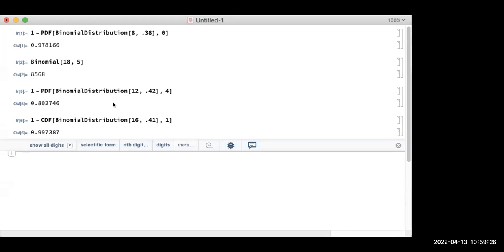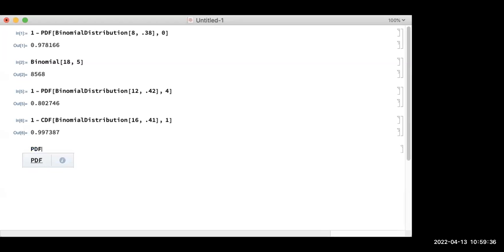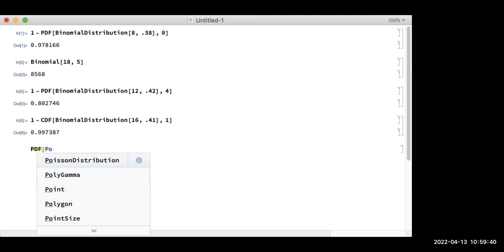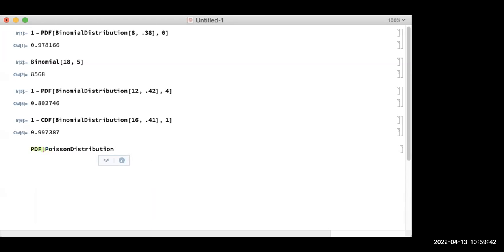So let me type that into Mathematica, PDF for my Poisson distribution with parameter 1.34. And I want to find the probability that x is equal to 4.